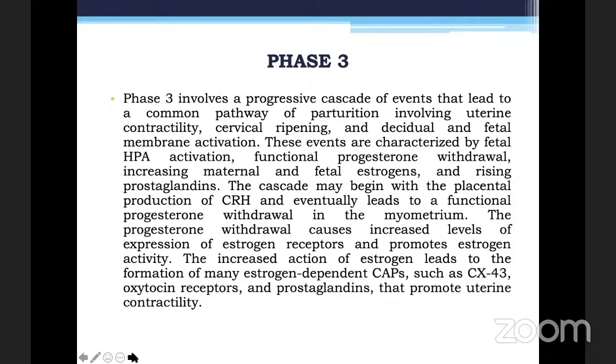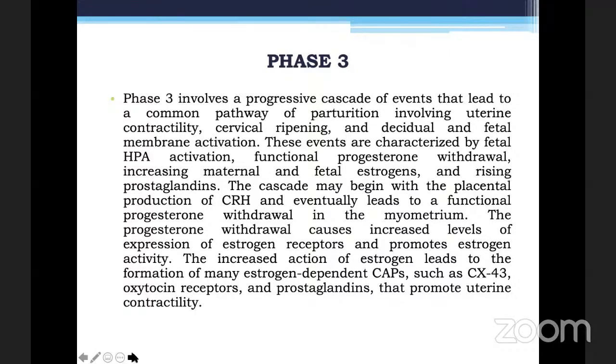So for phase 3, this involves a progressive cascade of events that leads to a common pathway of parturition involving uterine contractility, cervical ripening, and decidual and fetal membrane activation. These events are characterized by fetal HPA activation, functional progesterone withdrawal, increasing maternal and fetal estrogens, and rising prostaglandins.